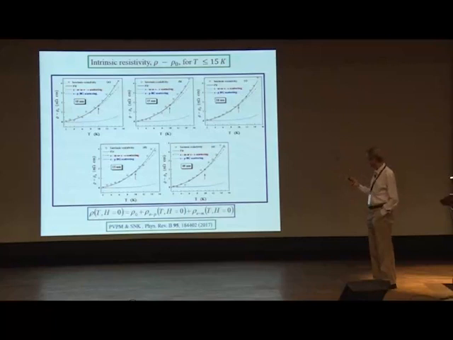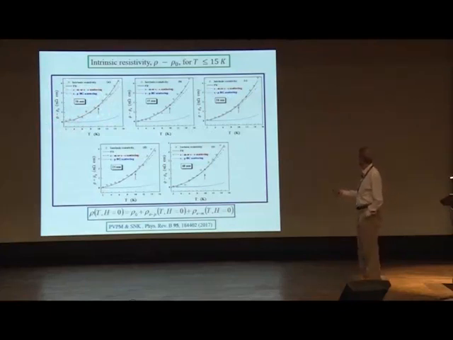What we find is that with the Bloch-Grüneisen formula, which is actually non-spin-flip intraband scattering, you are able to fit this intrinsic resistivity up to about 15 Kelvin by using the Bloch-Grüneisen formula for electron-phonon, and either electron-magnon or electron-electron scattering. Both go as T square.